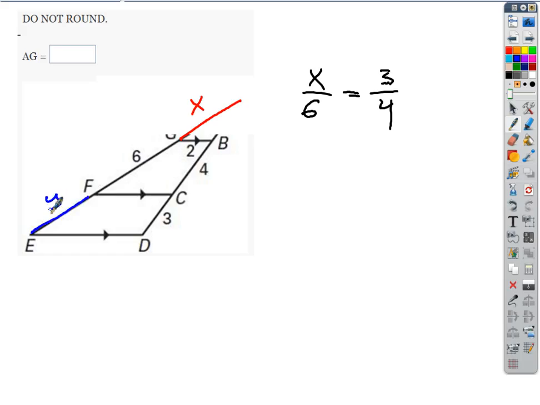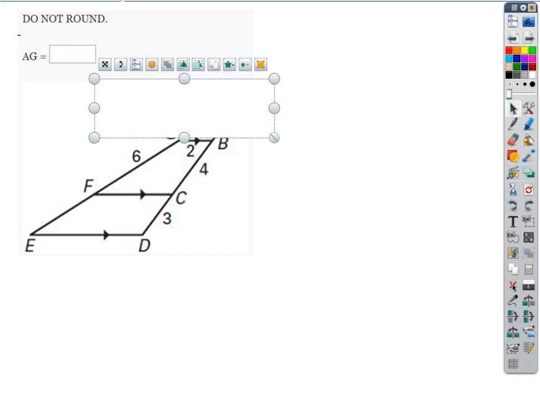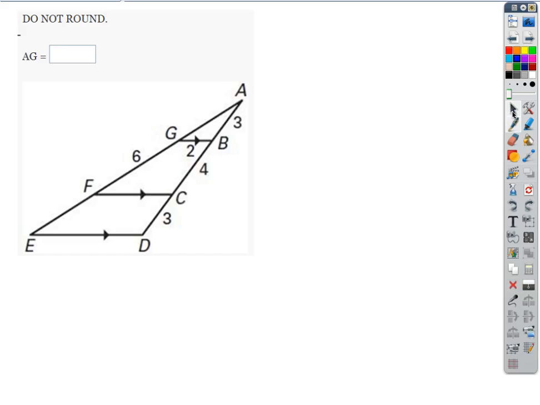What's the ratio I could use there? Ah, good. 6 over y equals 4 over 3. Very good. Okay, good. What if, instead, what if I were trying to find maybe this guy? How can I do that?